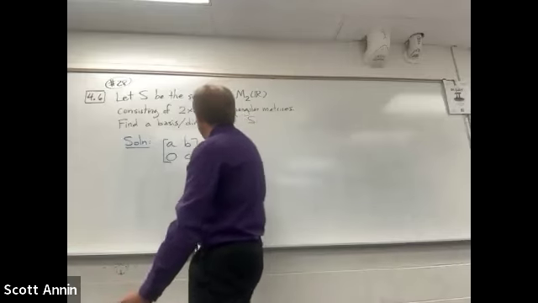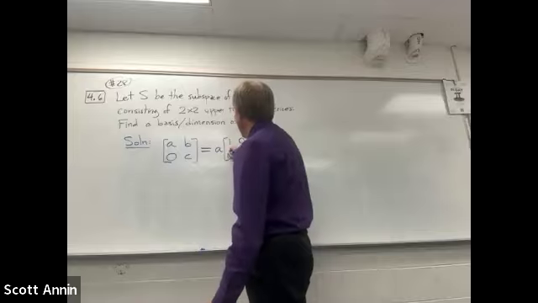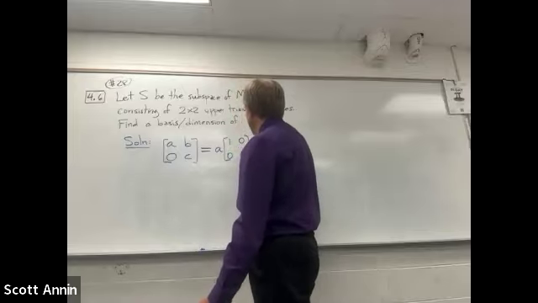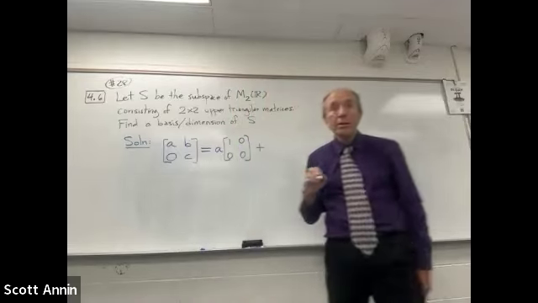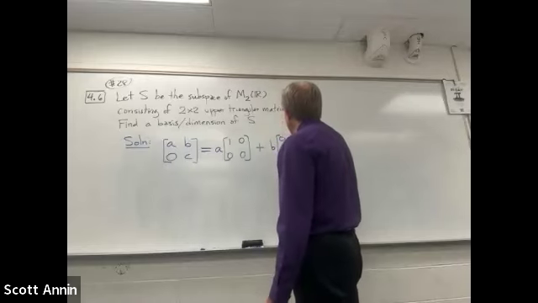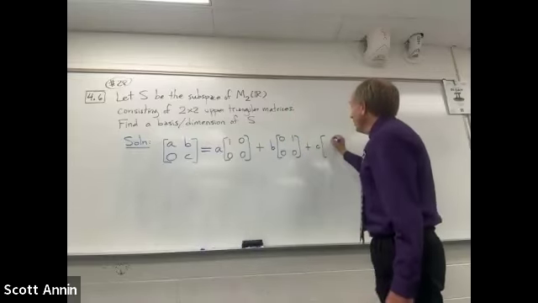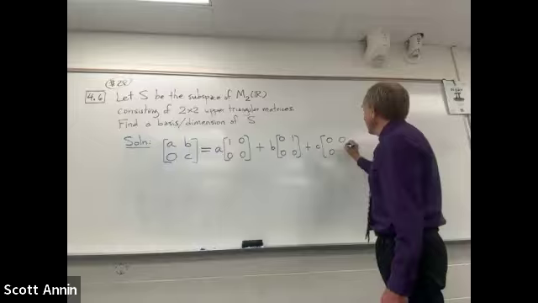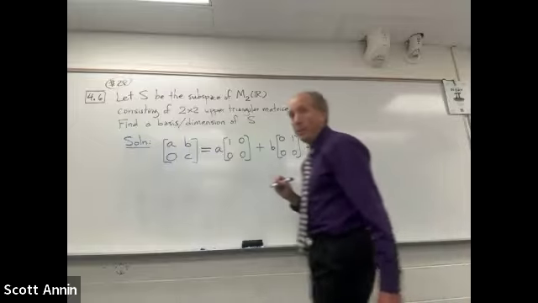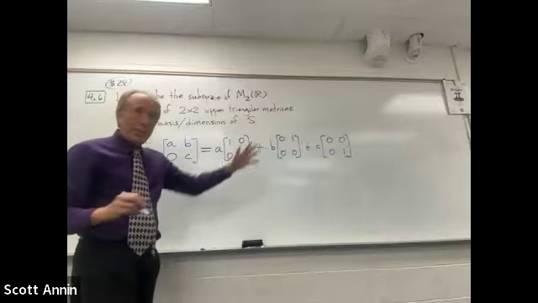So that's exactly what I'm going to do right here. I bust out the a, and I look at where I have the a. It's just in the first slot in the upper left corner. And then added to that is b times the matrix 0, 1, 0, 0, and then plus c, which is multiplied by 0, 0, 0, 1. And so we end up with these 3 matrices.